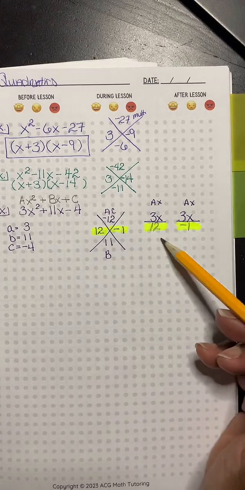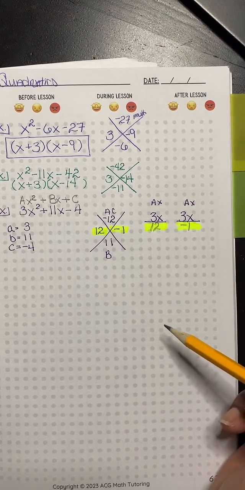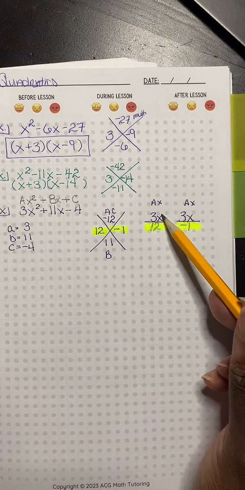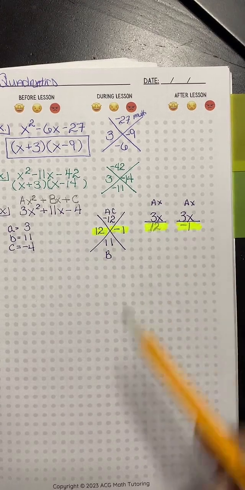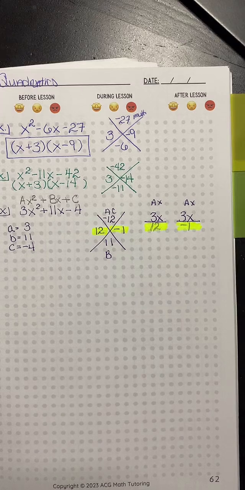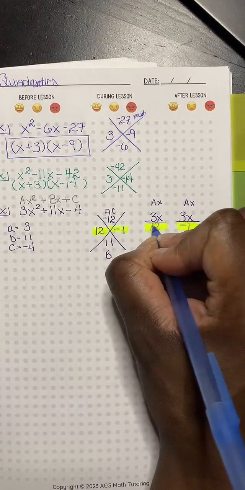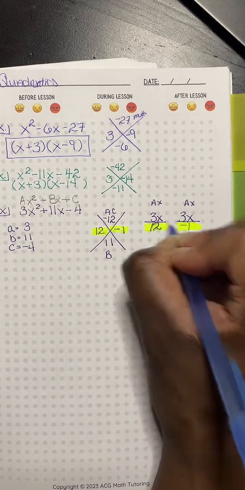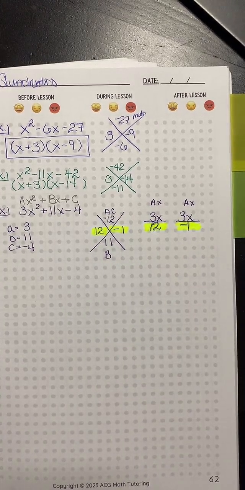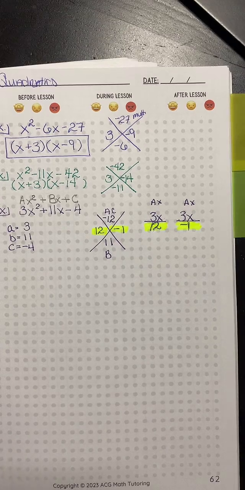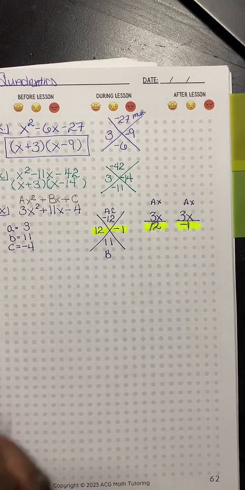So, we got 2 fractions here. This first fraction can be simplified. What number do 3 and 12 have in common?